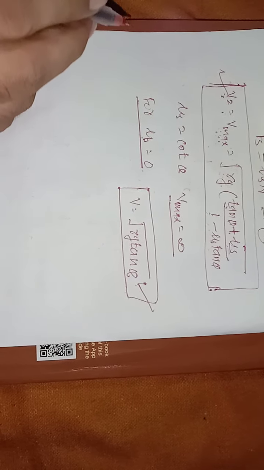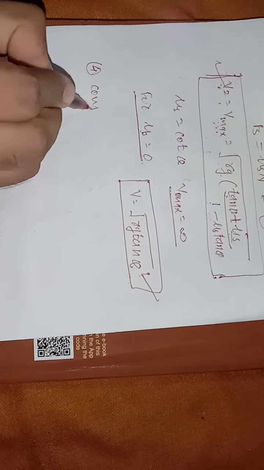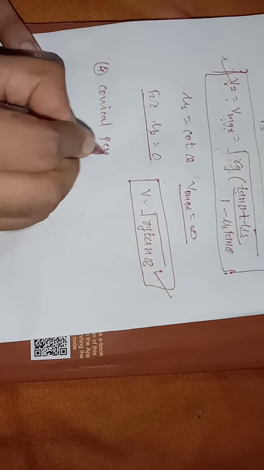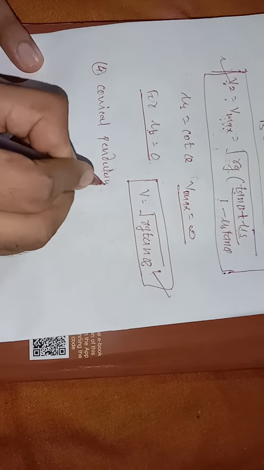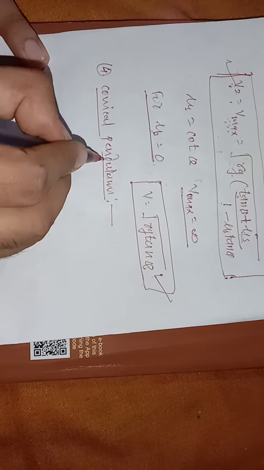Now the next is the fourth application, conical pendulum. Conical pendulum is the fourth and last application of uniform circular motion. What is conical pendulum? First, what is pendulum?